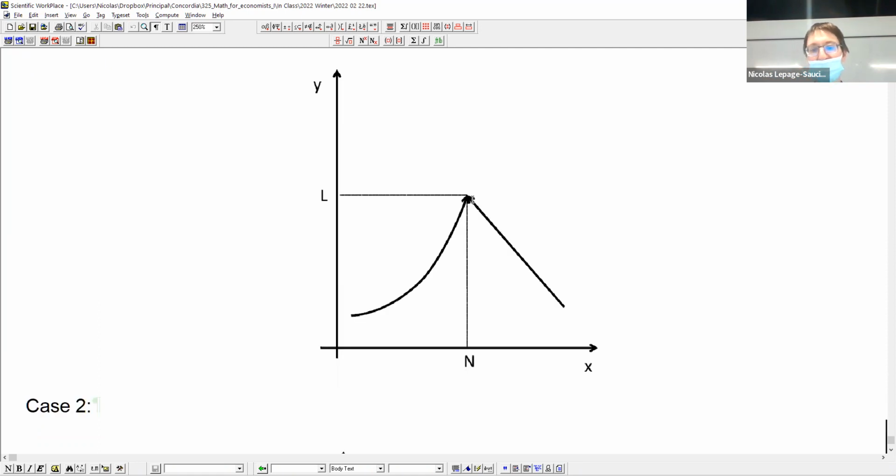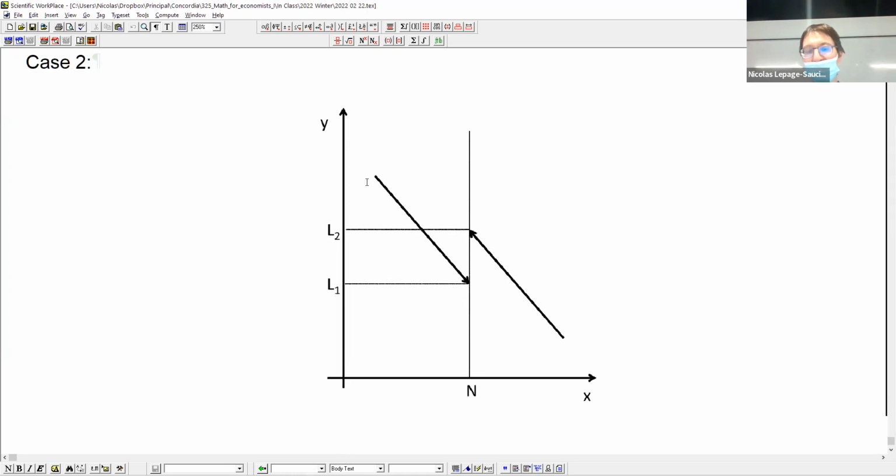Here, at least at n, the value of the function is the same, whether I tend towards the right side or the left side. In this case, it's different whether I go from one side or the other.